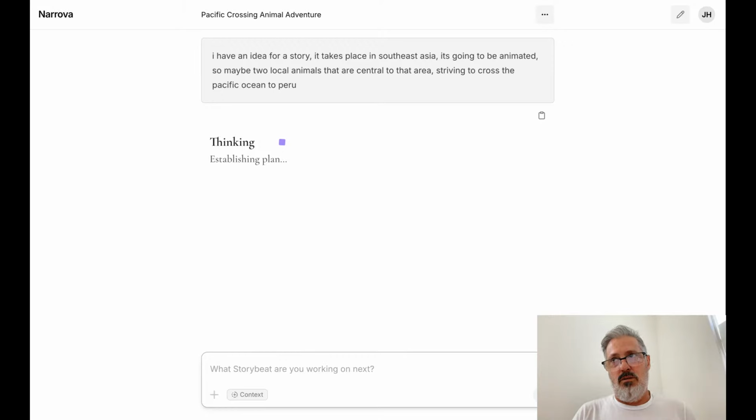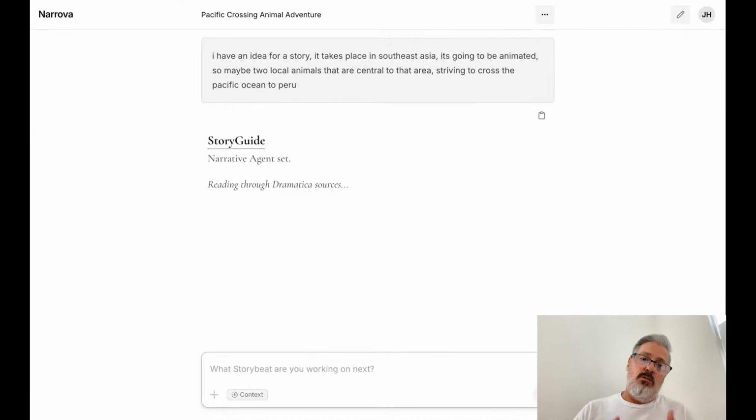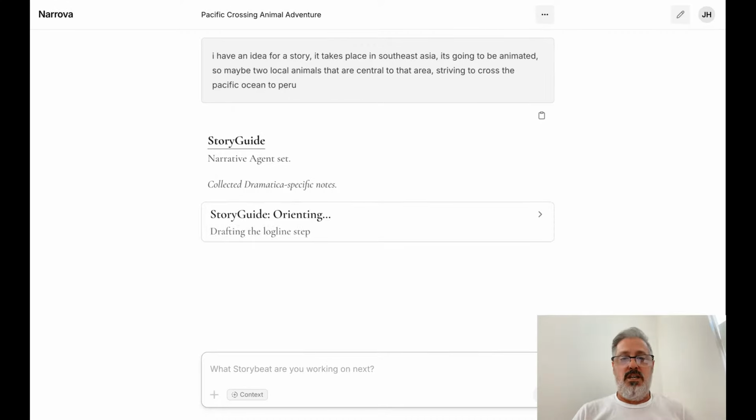And if I can do some more testing and find that you still get the same results at a quicker pace, we'll do it. You can see here it handed off to the story guide agent, loading up all the context, setting the narrative agent, and now it's reading through all the stuff that it needs to know to be able to walk you through that whole step.